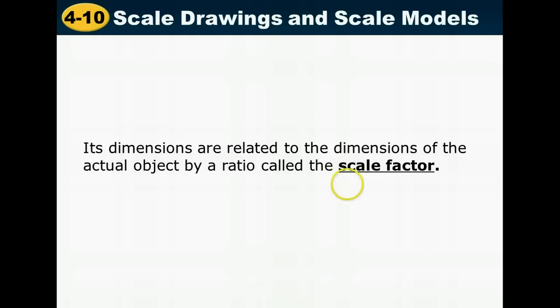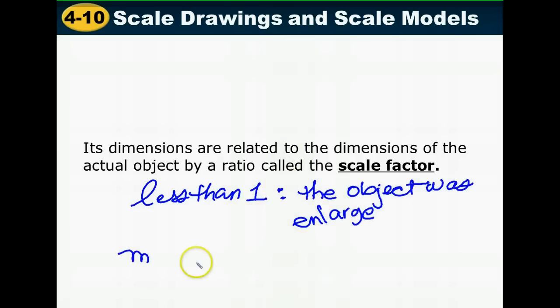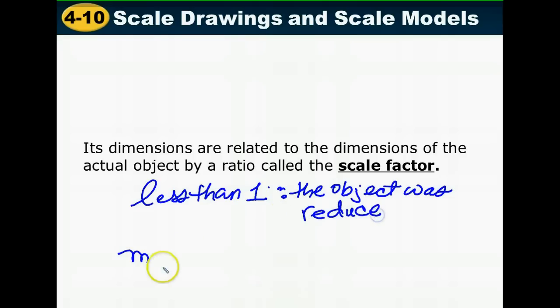Now one thing you need to keep in mind is that if the scale factor is less than 1, that means the object was reduced. And if it is more than 1, it was enlarged.